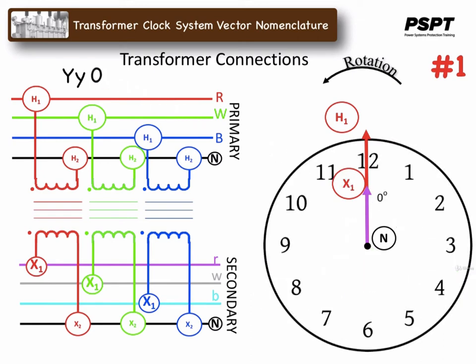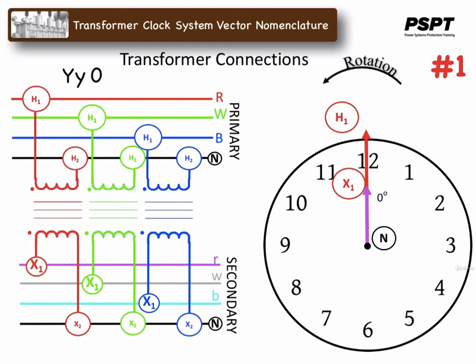Using just one set of phasors, the red one in this case, the clock system of vector nomenclature would tell us that there is 0 degree displacement from the secondary to the primary windings. The clock system nomenclature would be then YY0.